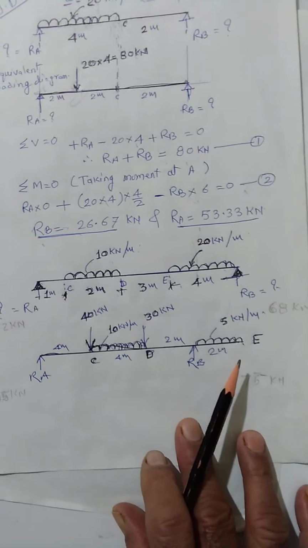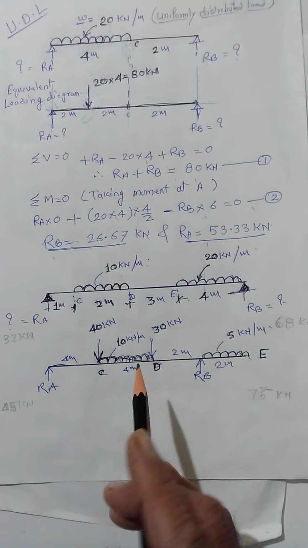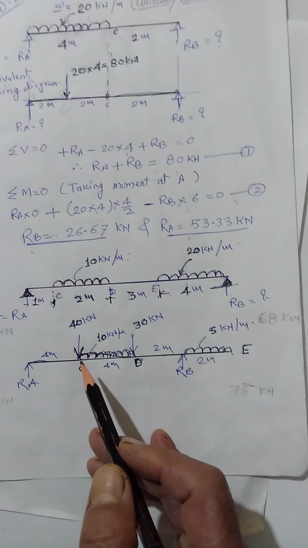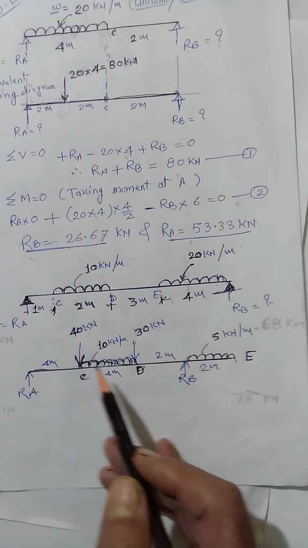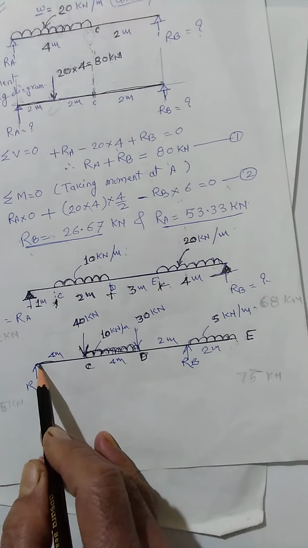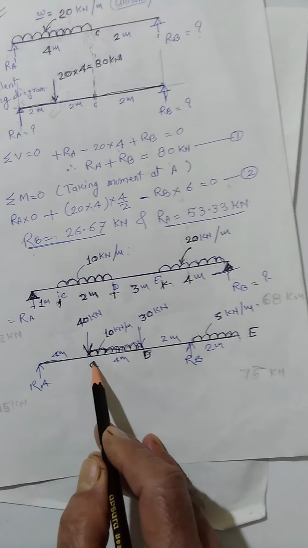Now the third problem is given to you, and you are supposed to solve this. There is an overhang given beyond this, an additional span of 2 meter. Up to AC there is no load.